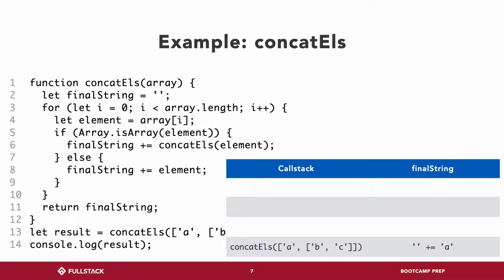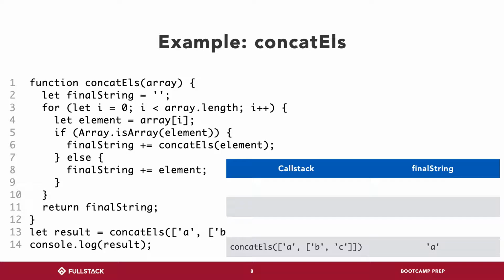Right? We go through it. The first element is A, so we go through it. Is that an array? No. That is not an array. So we say final string plus equals that element. So now final string is going to plus equals A. So with the first iteration of this array, final string is now A. Everyone agree?